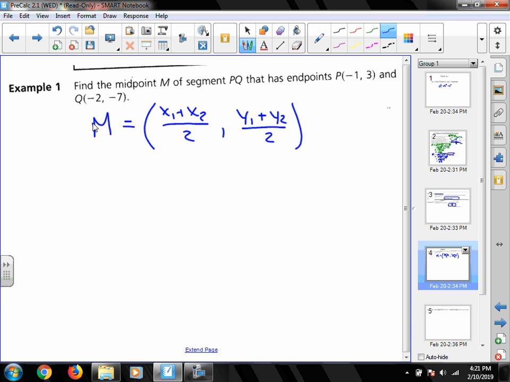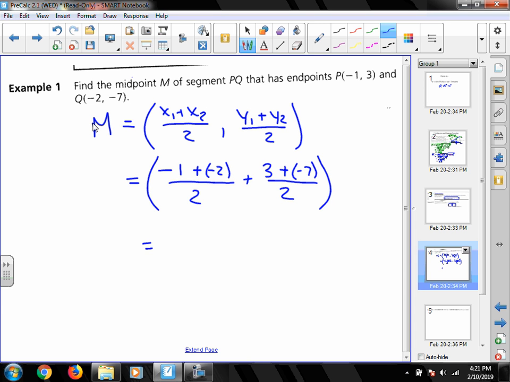It doesn't matter which one you call x sub 1, x sub 2, really. Just keep them the same. So I'm going to take -1 plus 2, divide it by 2, and I'm going to take 3 plus -7, divide it by 2, and call it good.